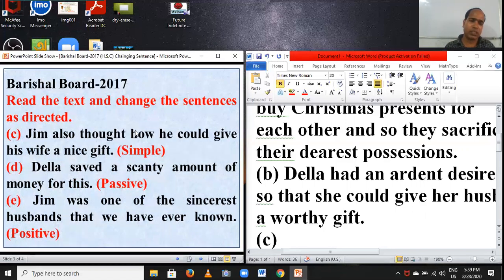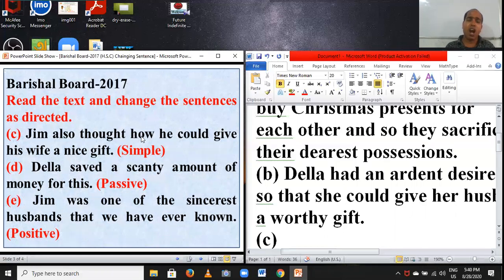So you have to use "of plus B1 plus ing" in the simple sentence. While changing into a simple sentence, you have to use "of plus B1 plus ing".